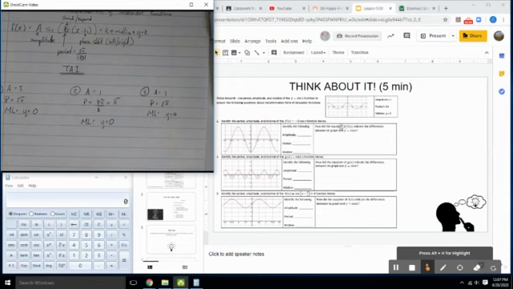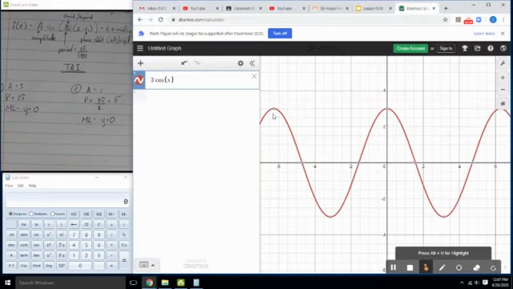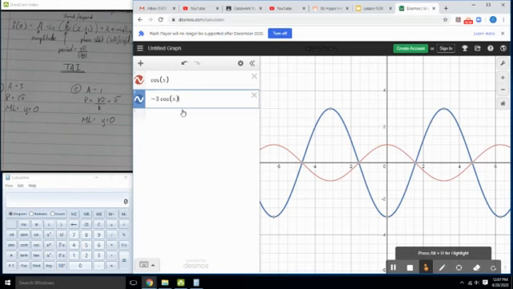So I'll show you all of this from the graphing calculator. This is what the original would look like. The next equation says -3 cosine x, and as you can see, it inverted and it's stretched, because the amplitude increased.